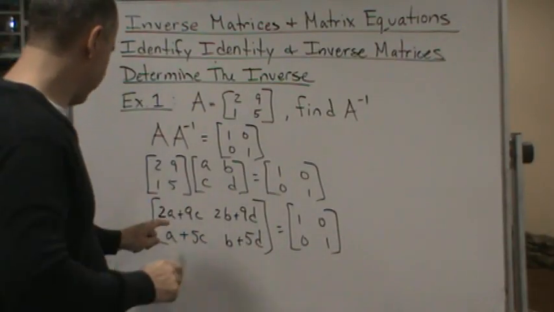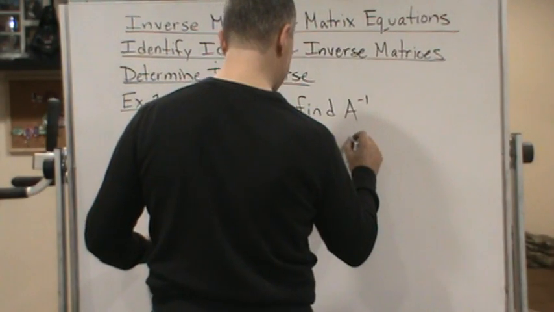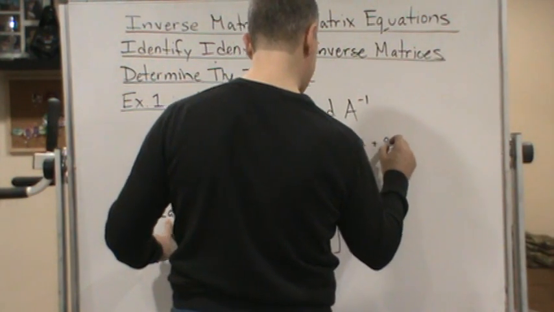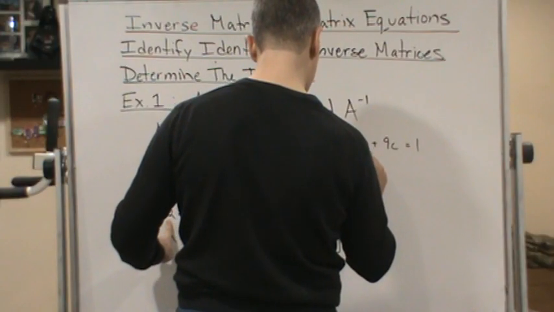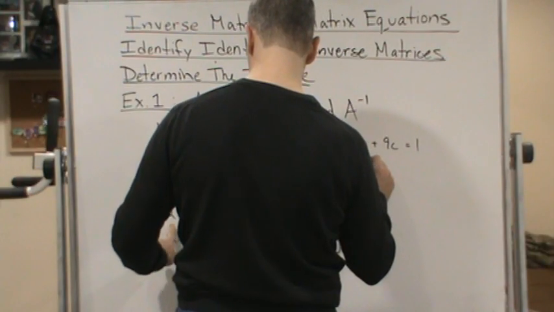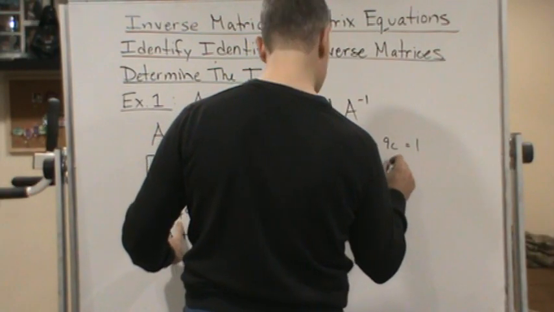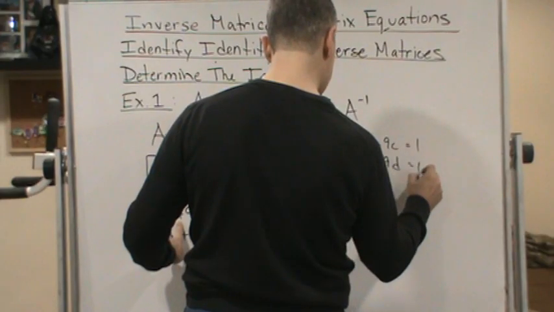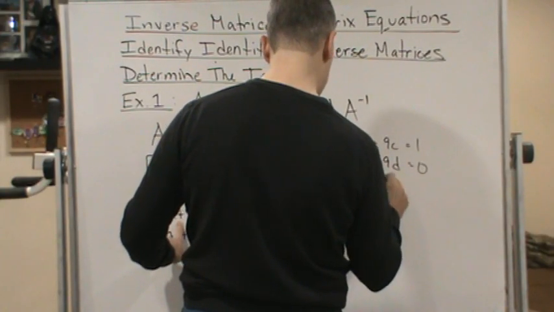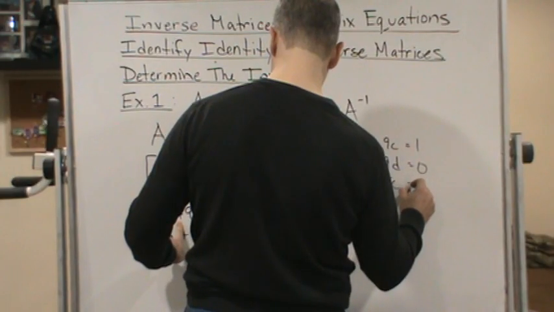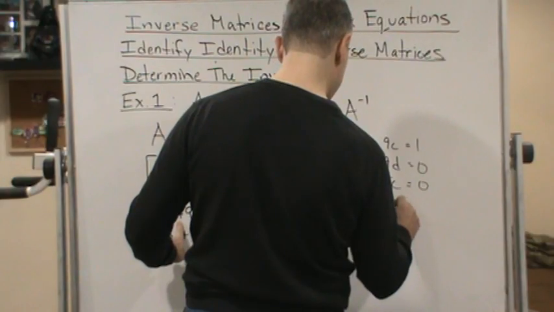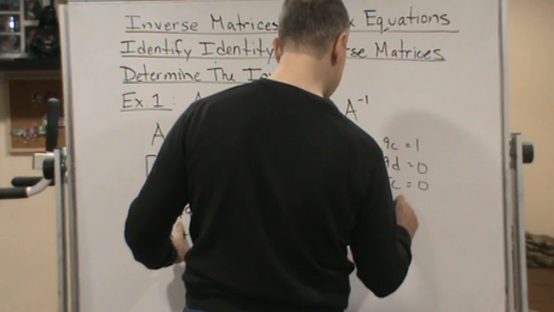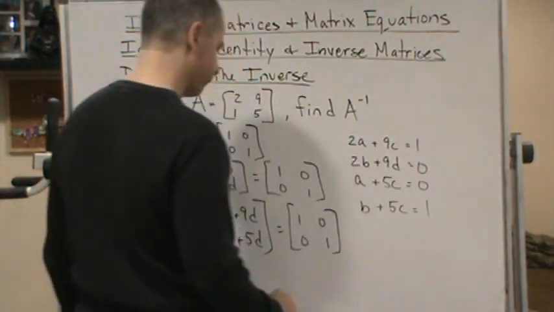So what we end up with is, let me write out the equations first. So we get 2A plus 9C is equal to 1. And we get 2B plus 9D is equal to 0. We get A plus 5C is equal to 0, and we get B plus 5D is equal to 1.